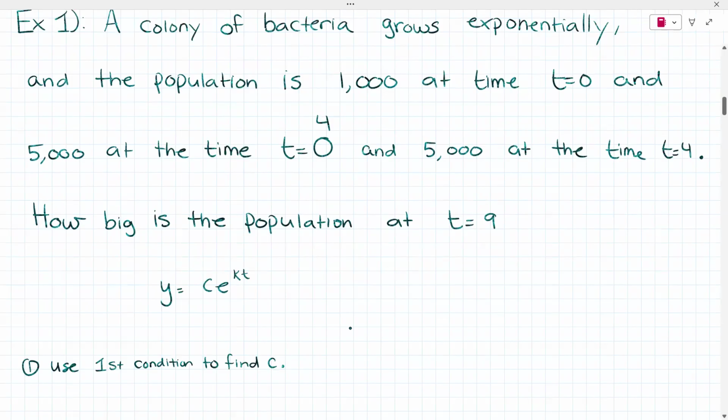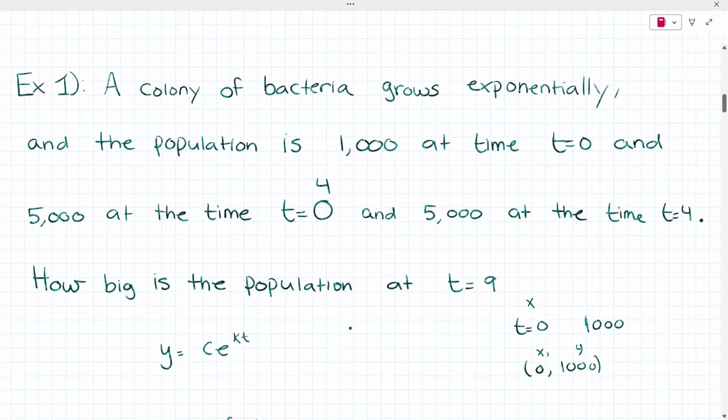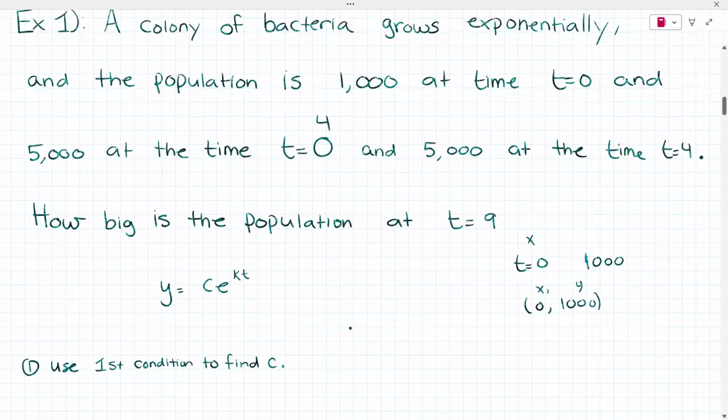That's a coordinate: t is like your x, and y is your population, so you can write it as 0, 1,000. Let's also write out the other condition: at 4 seconds, the population is 5,000. That's growing really large, right? So 4, 5,000.